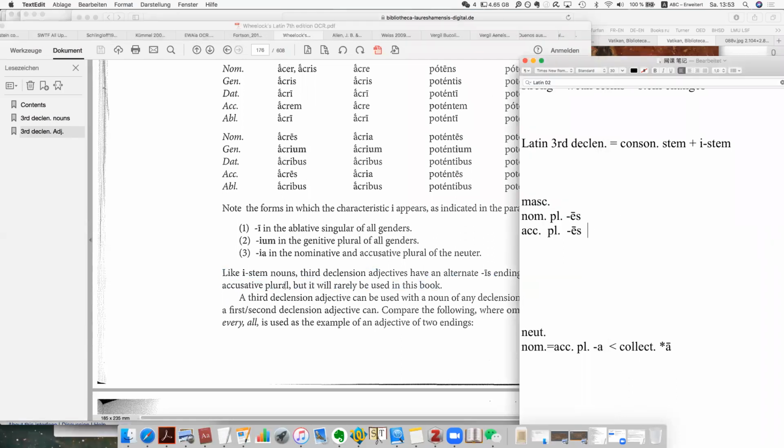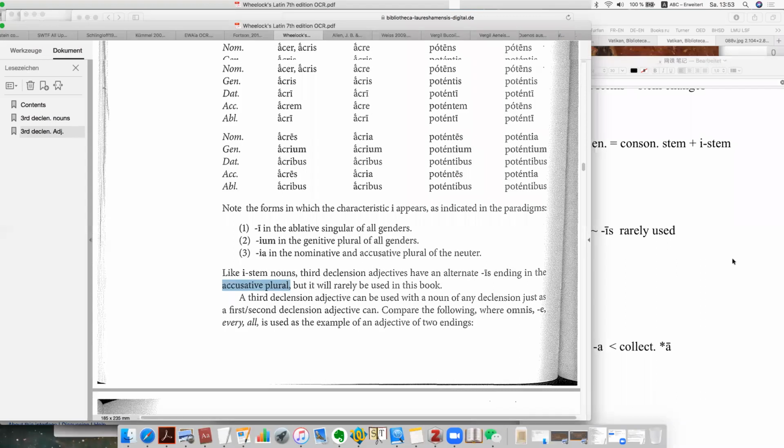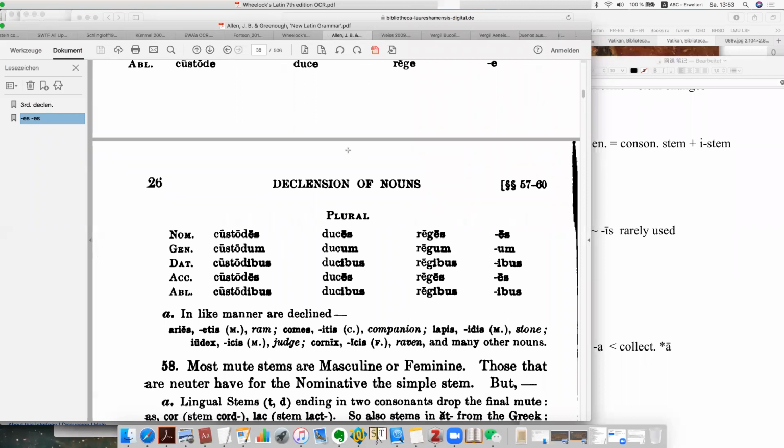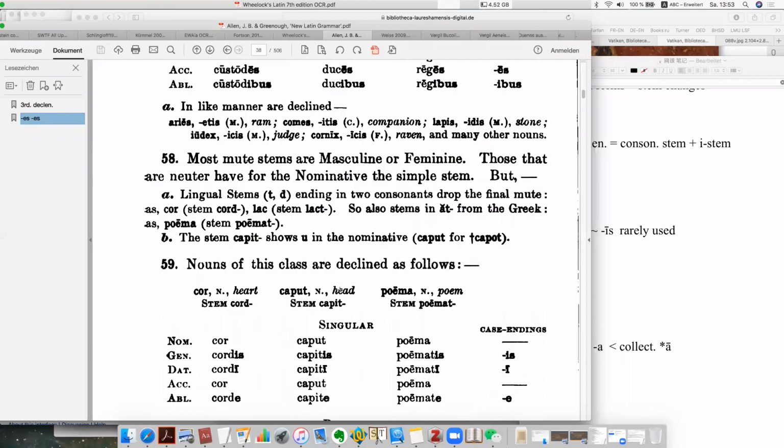So it tells us we have another ending called is, but rarely used, for the accusative plural.